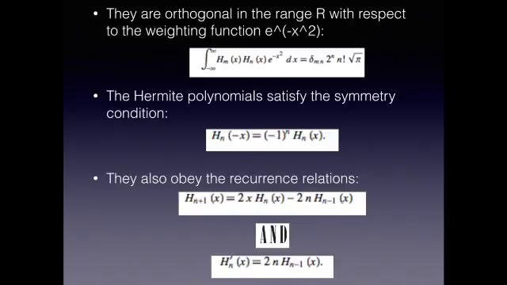H of n plus 1 of x equal to 2x Hn of x minus 2n H of n minus 1 of x, and H dash n of x equal to 2n H n minus 1 of x. These two recurrence relations are popularly followed by the Hermite polynomials.